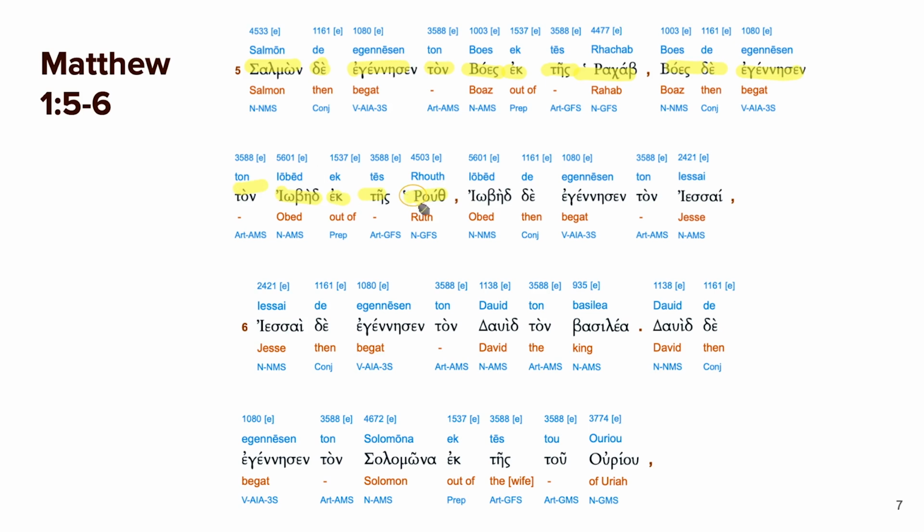Another rough breathing mark, so it's Ruth. Yobed de egenisen tan Yesai. Yesai de egenisen tan David, tan Basilea. David de egenisen tan Solomona, ek tes tu Uriu. Nice. All right, moving on to the next one.